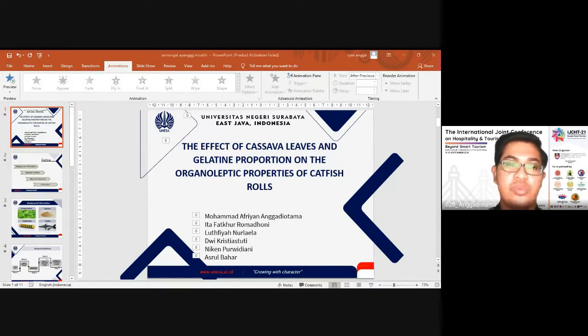Gelatin is one of the ingredients often used in manufacturing for the food, health, and beauty industries. Gelatin can be made from animal bones or skins. In general, gelatin is used as an ingredient for pudding or similar preparations.